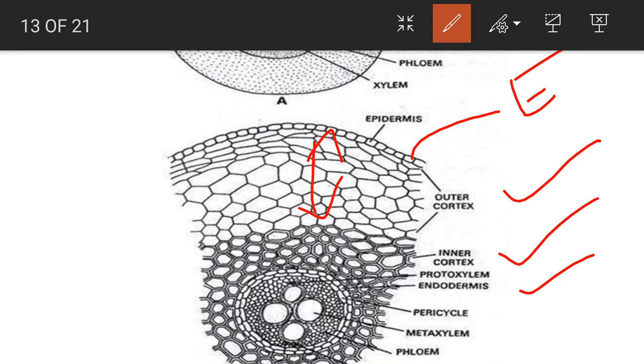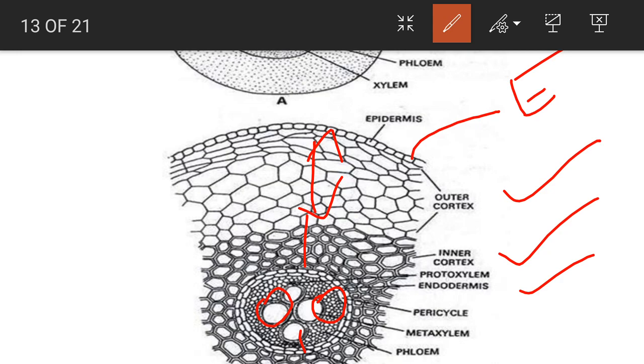So I can make a statement here: the stellar portion consists of the central metaxylem with two radiating protoxylem arms. This is all, in brief, regarding the anatomy of the Adiantum root.